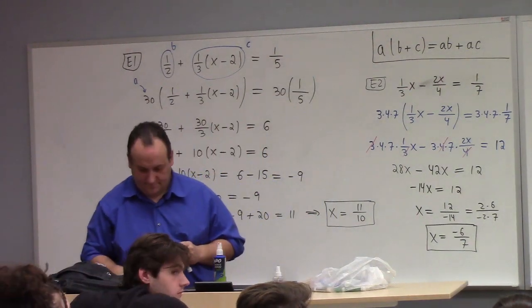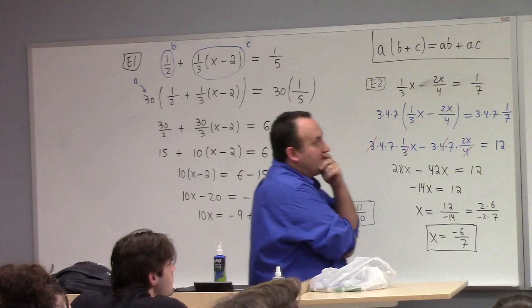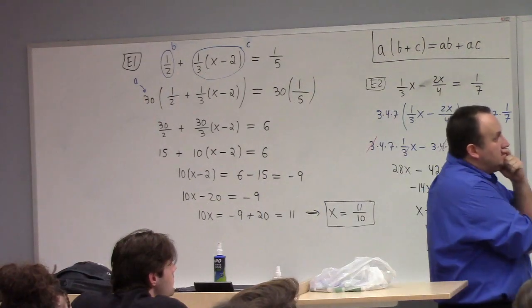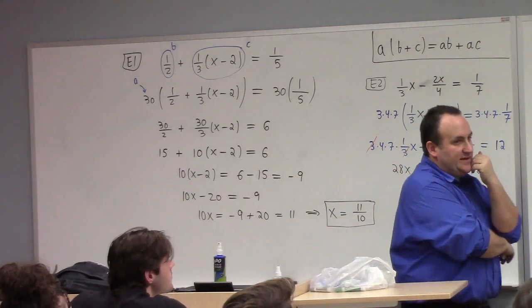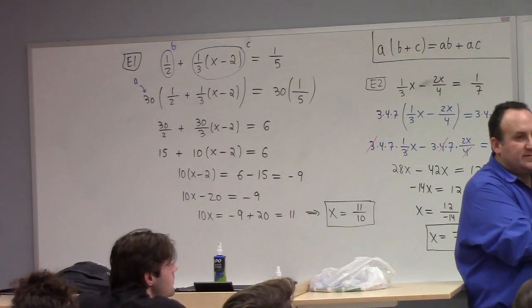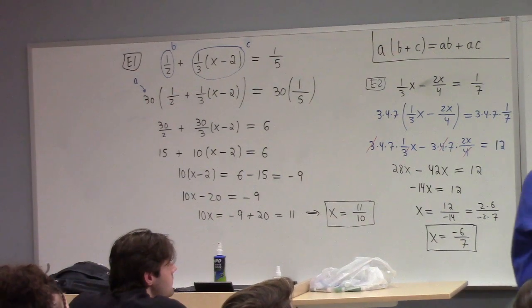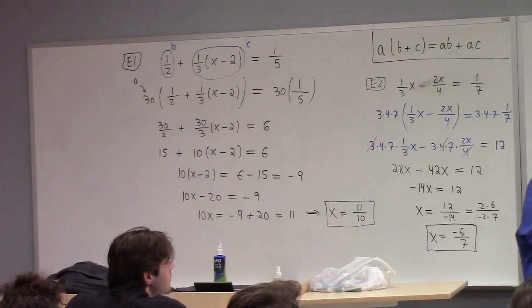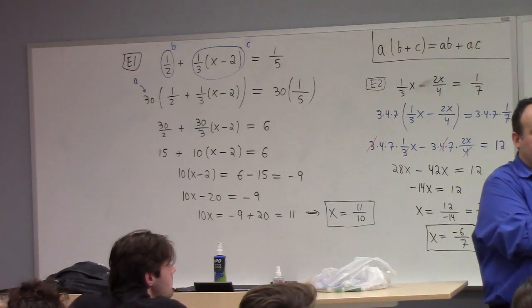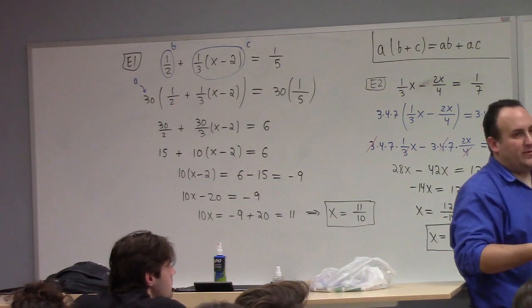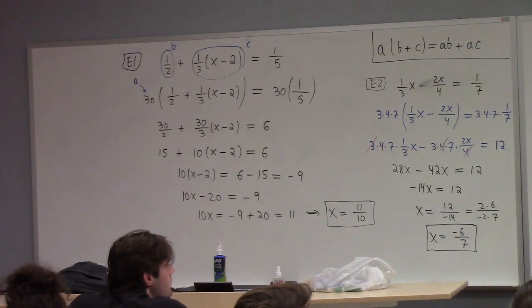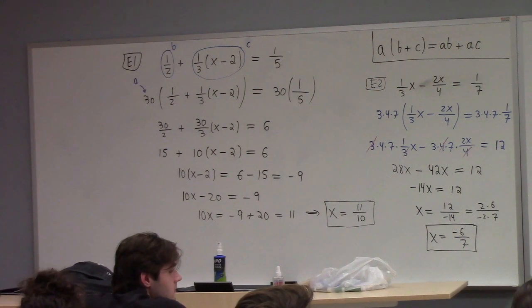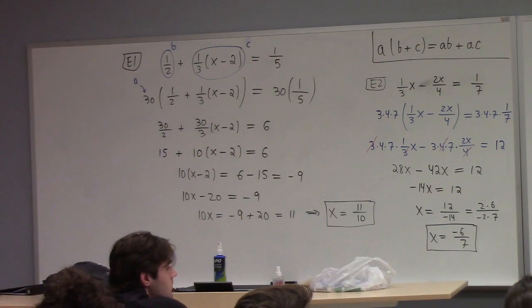Why did you choose to multiply first by 10? If I'm dealing with decimals, multiplying by 10 will make them all into whole numbers. If I had another problem with 0.17 and 0.37 as coefficients, I would multiply by 100, because decimals are a pain. 0.17 is kind of annoying, but if I multiply by 100, I get 17.